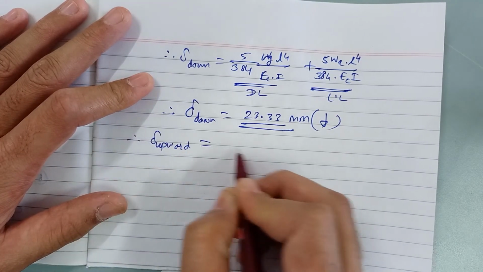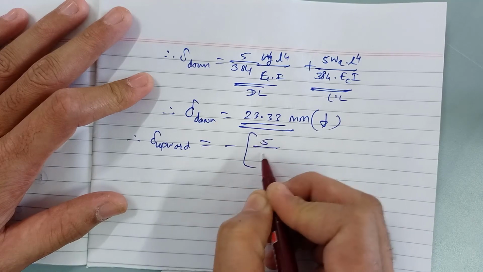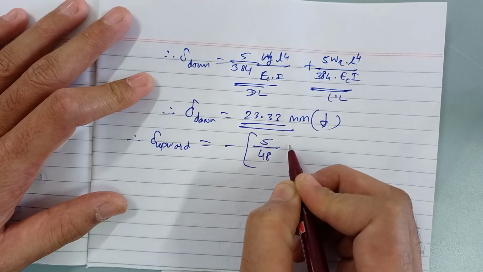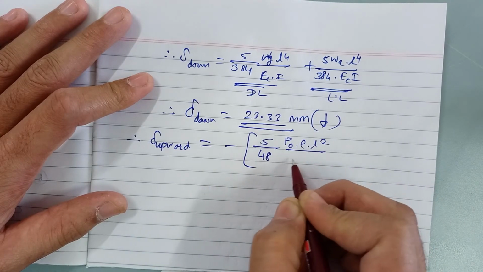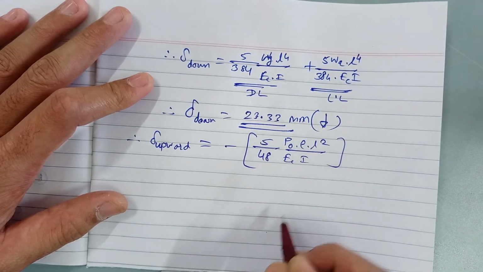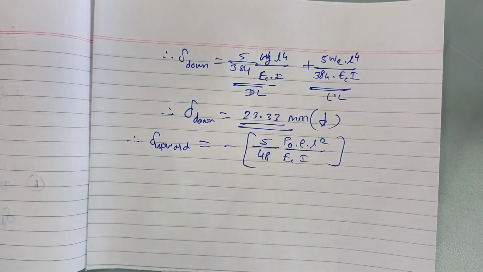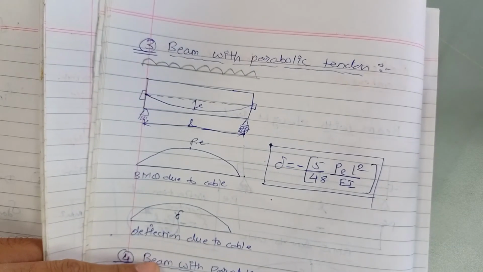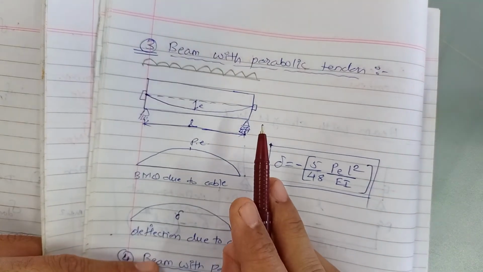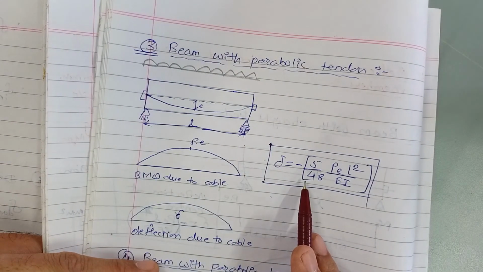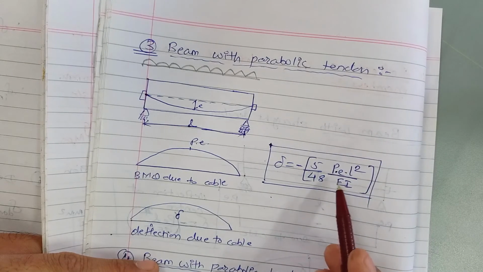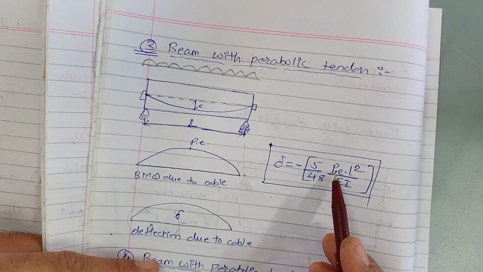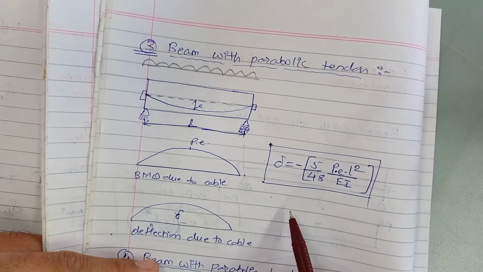And upward deflection, as parabolic cable profile is provided, is by the formula 5 by 48 P into E into L square divided by EC into I. Again have a look. This is our case, parabolic tendon. We are supposed to use Pi during calculating initial deflection and substitute P0 instead of Pi during calculating final deflection.